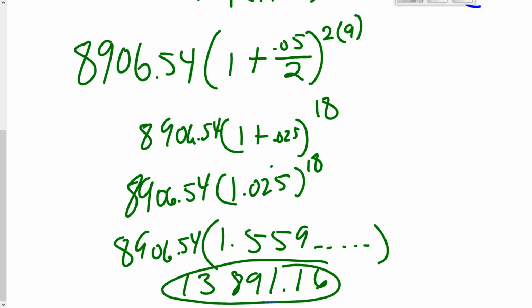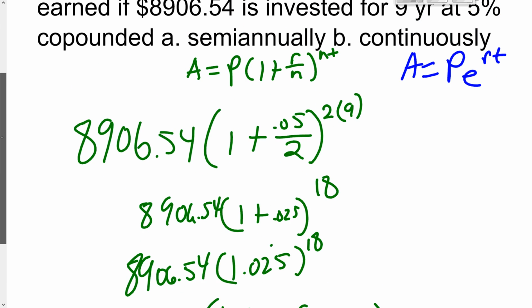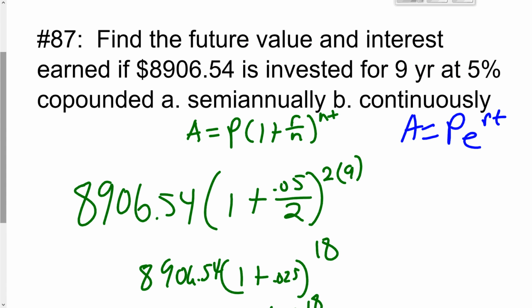So that is semi-annually. Now let's come back and do continuously. So again, my principal is the same, 8906.54, times e raised to 0.05 times t, which is 9. So that one, 0.05 times 9. Luckily that's not a decimal that goes on for a long time, so you can do that by hand and then push e and raise it to that.